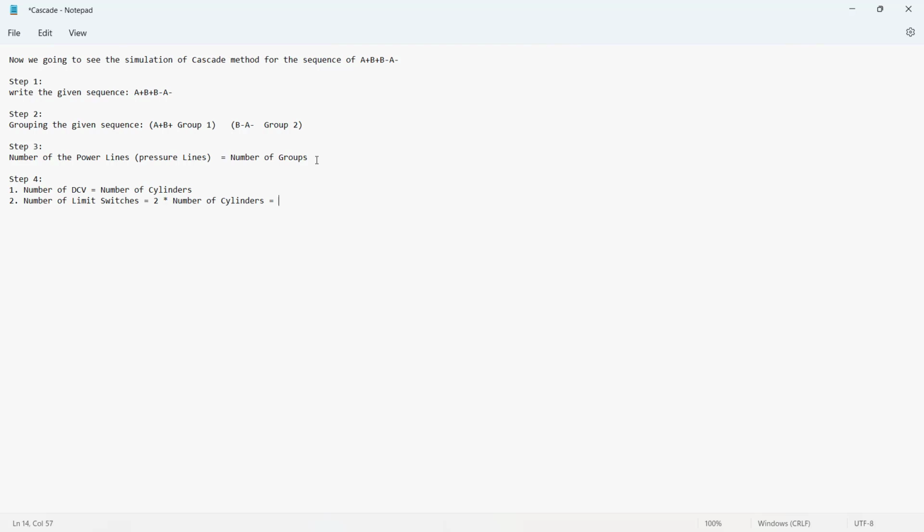That is 2 into 2, so 4 limit switches are required. Number of main DCVs, we require 2, as we have 2 cylinders in total.